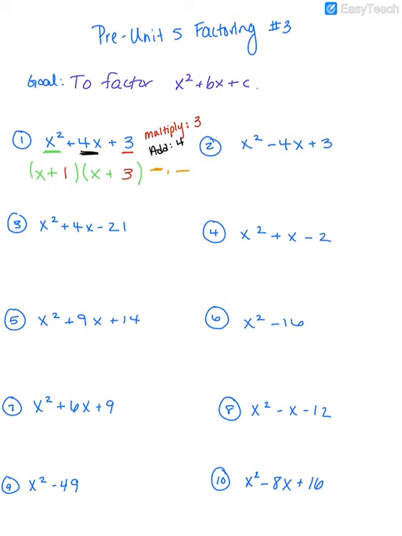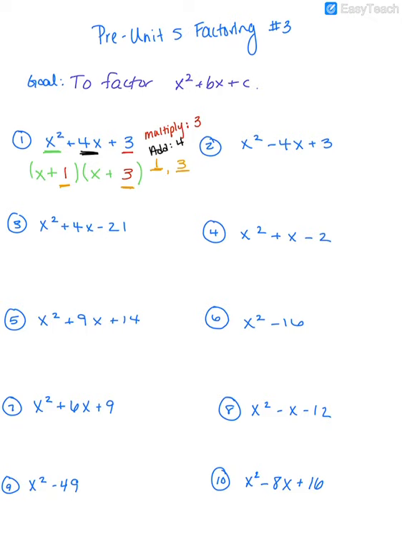When I come up with those 2 numbers, those are the numbers that go right here. So numbers that multiply to 3, but when you add them, you get 4. And the only numbers that are going to work are 1 and 3. When I multiply them, I get 3, and when I add them, I get 4. So that's where the 1 and the 3 come from, because the last times the last have to multiply to 3, but when you do your outside and inside, you have to add those up to get that 4x.